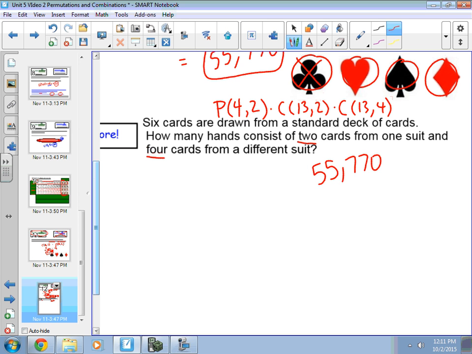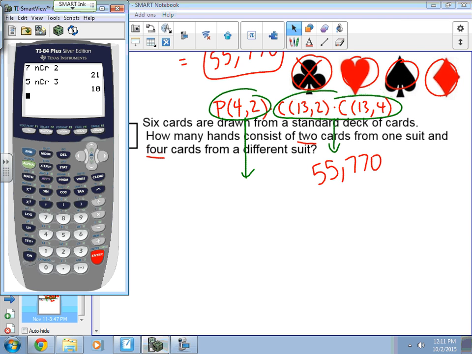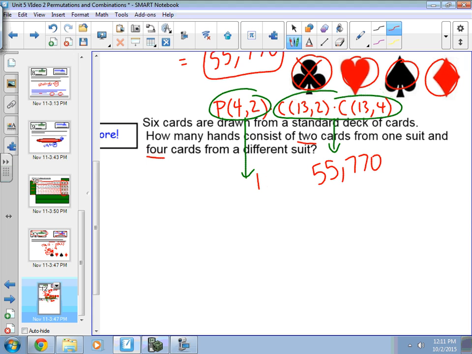We have to figure out how many ways of doing 4, choosing 2 where order is important. We already know these 2, and this will give us this number. So let's do this permutation here. We're doing 4 things, picking 2 of the 4. How many ways of doing that? There's 12.